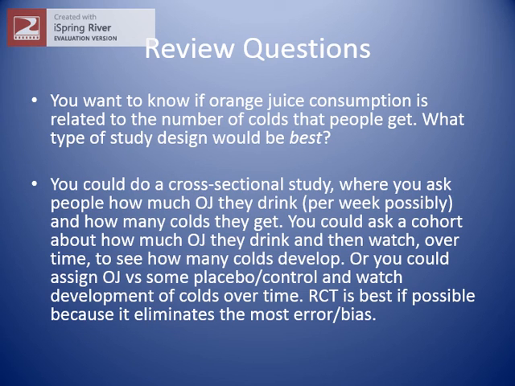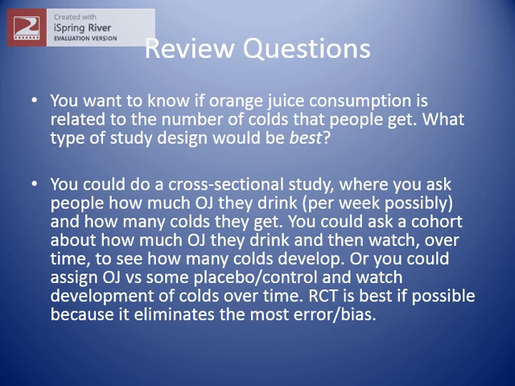There's a lot of different ways you could do this. You could do a cross-sectional study where you simply ask people, how much orange juice do you drink, maybe per week? How many glasses of orange juice per week do you drink? And how many colds a year do you get? And then you could see if there's a relationship there. You could do a cohort. You could say Nurses' Health, for instance. Add a question about how much orange juice do you drink?